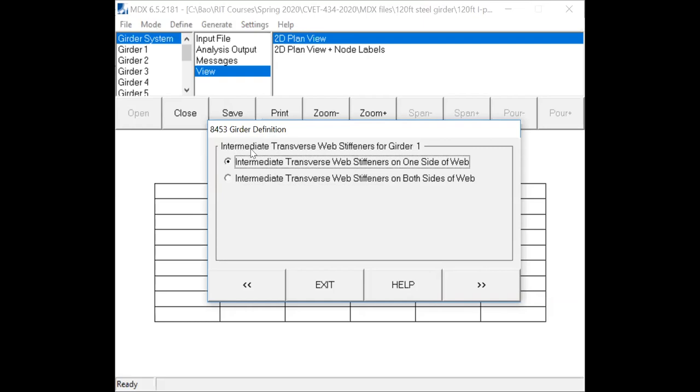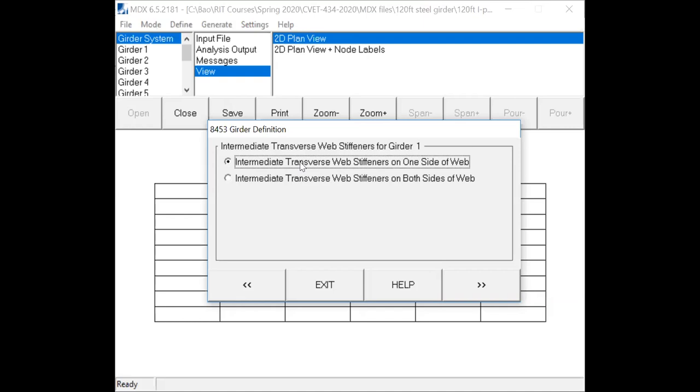And the intermediate transverse web stiffeners for girder 1: since girder 1 is an exterior girder, the stiffener is only at the inside of the web.